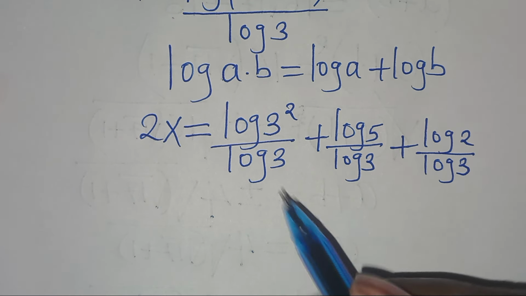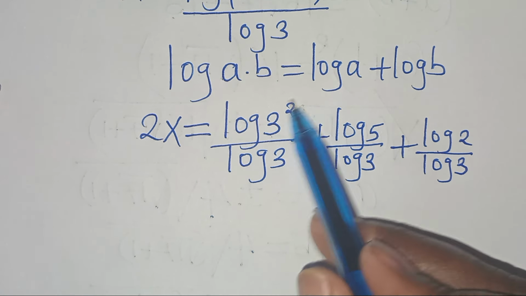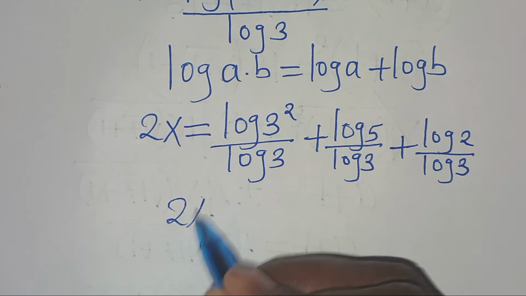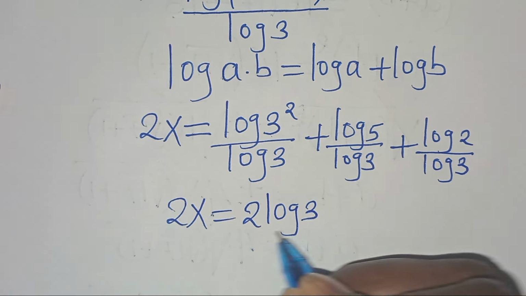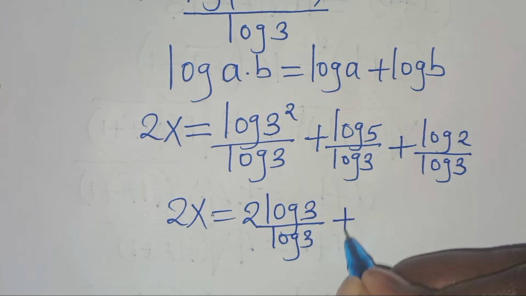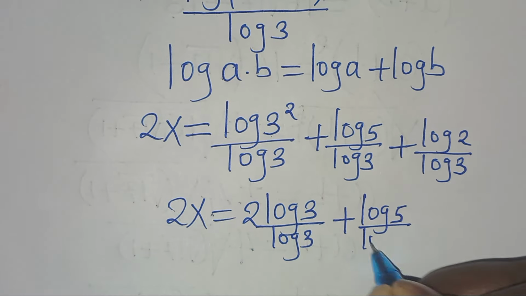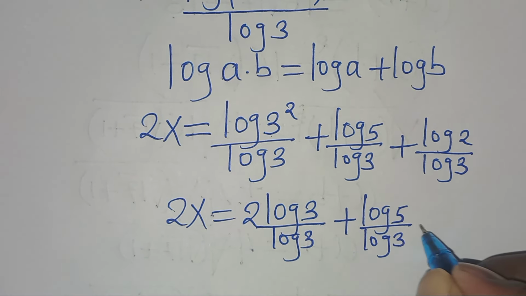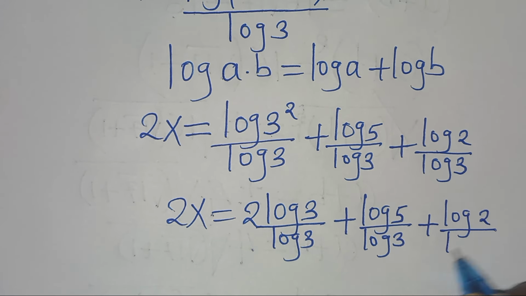The next step is that we can apply the power rule property here, so that log 3 to the power of 2 becomes 2 log 3 divided by log 3 here, then plus this is log 5 divided by log 3, then plus this is log 2 divided by log 3.